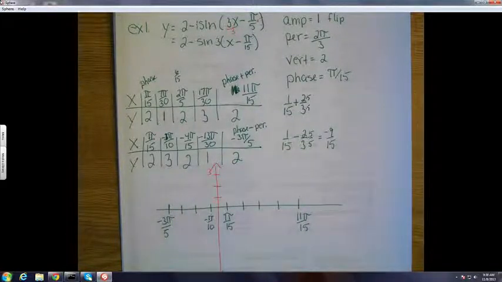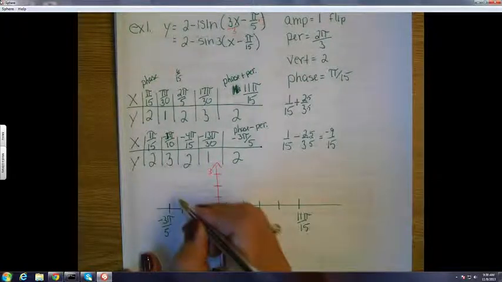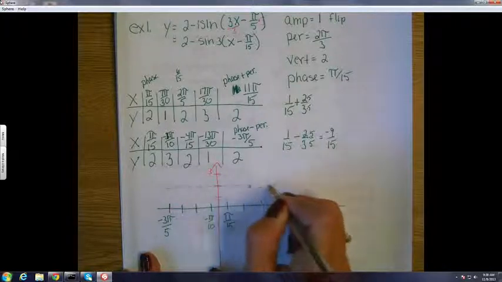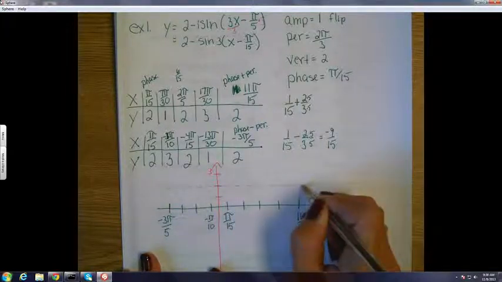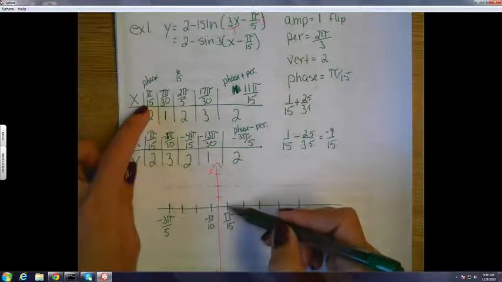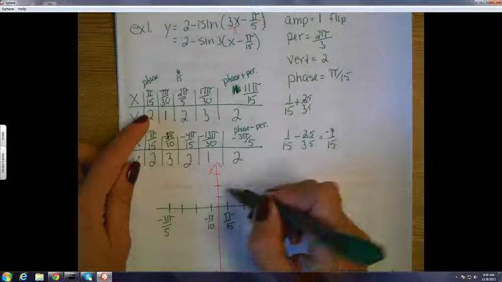We've got that new horizontal axis that was up 2. You don't need to do the dotted line, I just like it. It makes it easier to graph. And then we start graphing at the pi over 15 is our first point. Pi over 15, I'm at the 2 on the axis.